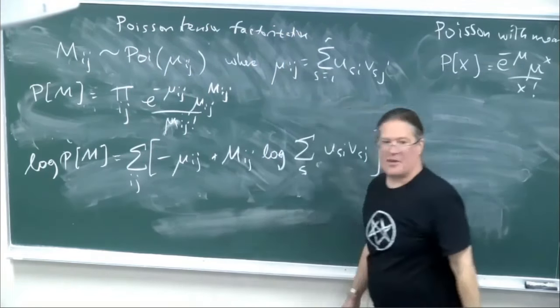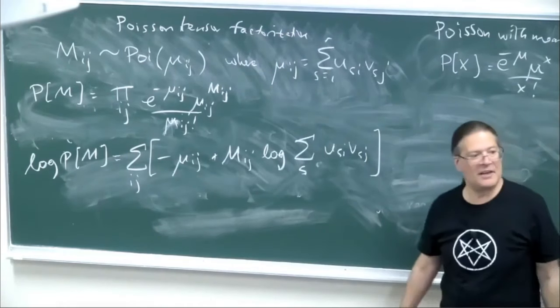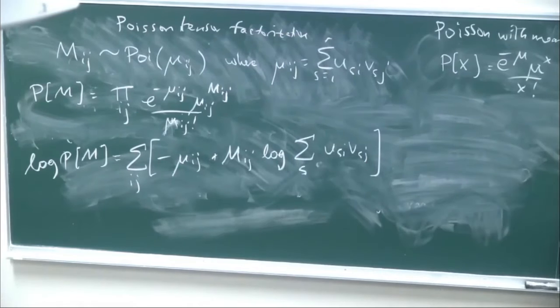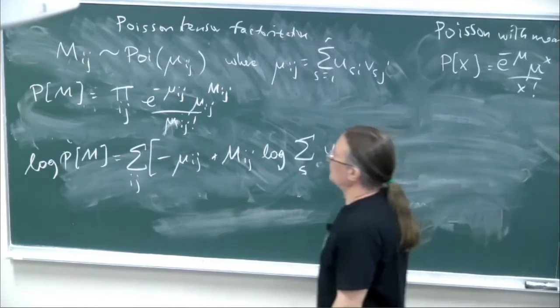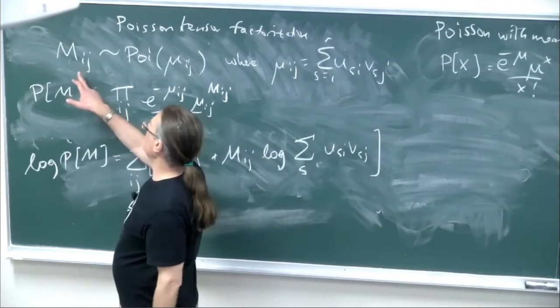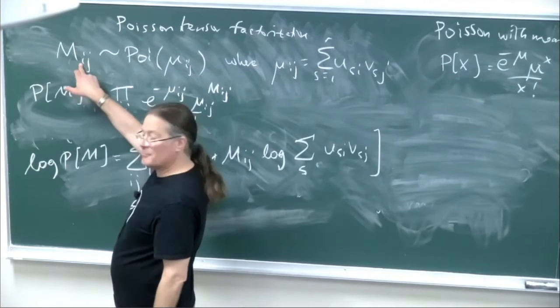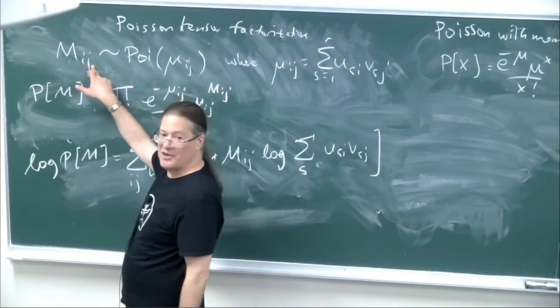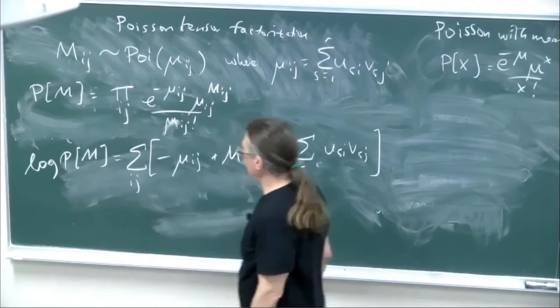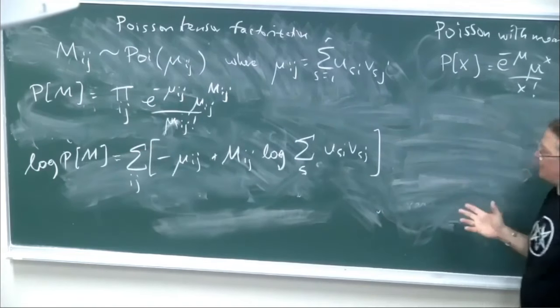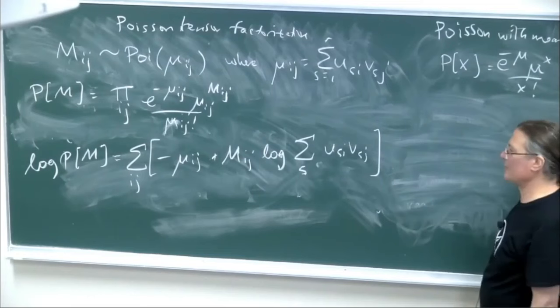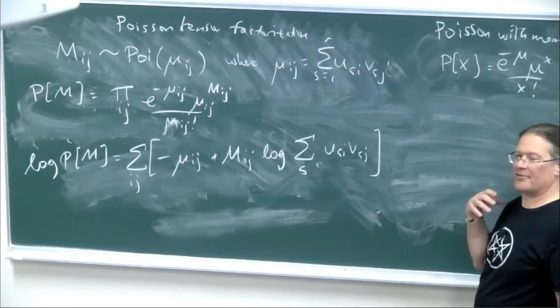And I mentioned that one of the ways that this integer data could arise is that we could have a matrix where M ij is the number of times that document i contains word j. And in fact, what I'm describing to you is very close, or in some cases identical, to some of the simpler sorts of topic modeling.